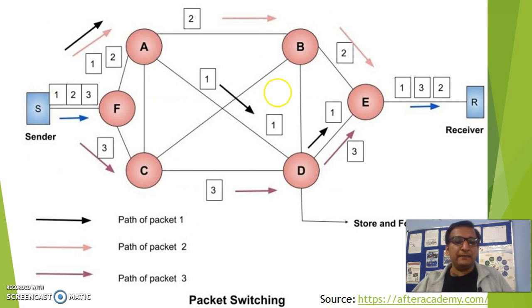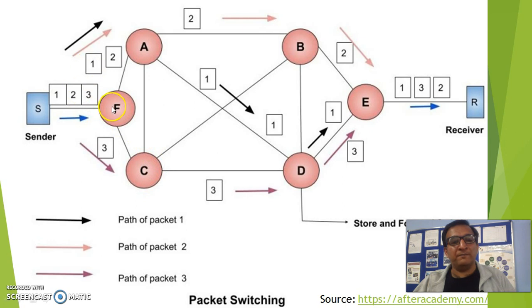So here we can see a packet switching network where a sender splits a message into 3 packets. Two packets take one route and the third packet takes another.